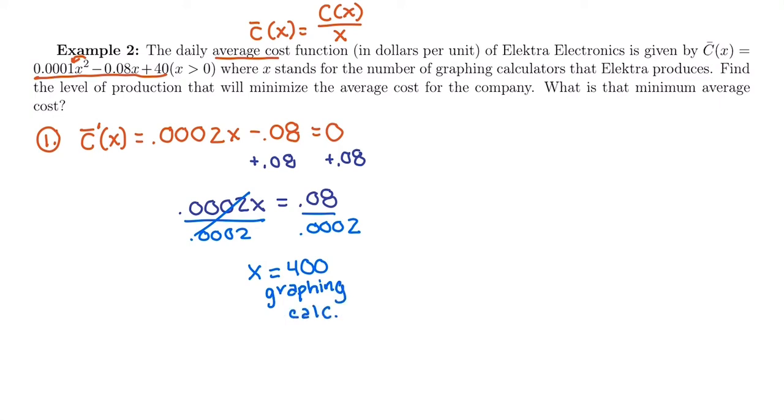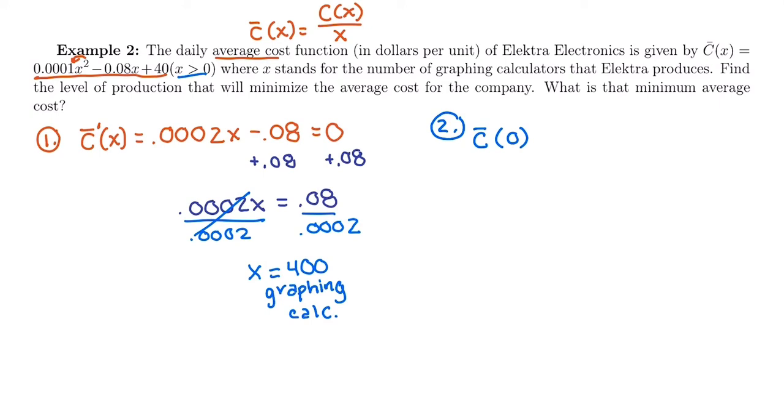And we want to compare that to our endpoints. So our second step, we know they have to produce more than 0. So we're going to do C bar of 0, that is their lower bound. But we're not given an upper bound. They haven't decided or calculated how many they can make in a day for this daily average cost.